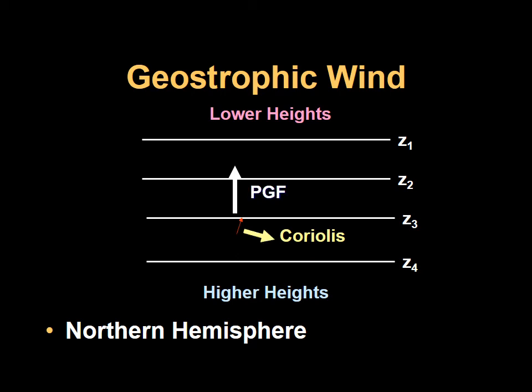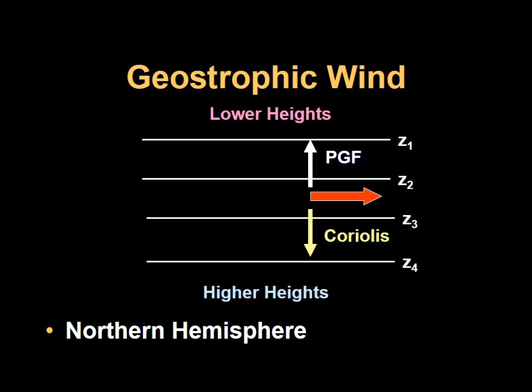And the faster it goes, the stronger the Coriolis force is. Now pressure gradient force, as we've drawn here, is constant. It's the same everywhere on this chart, but Coriolis is increasing until finally there's a point where Coriolis force is as strong as pressure gradient force. And when that happens, there is a balance. And that balance we call the geostrophic balance. And this is your geostrophic wind.